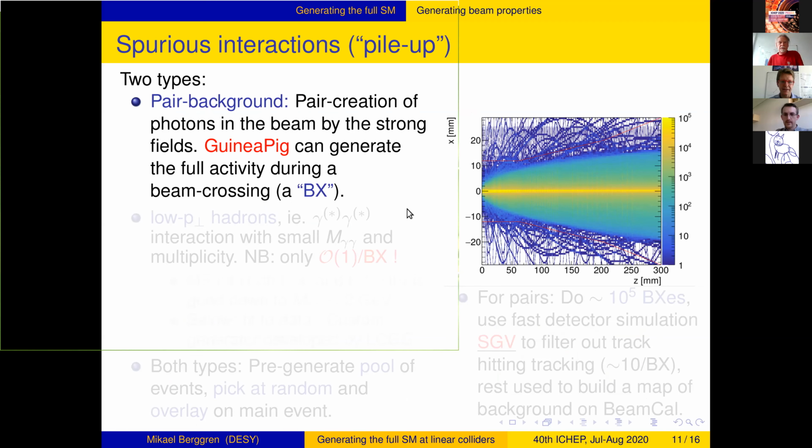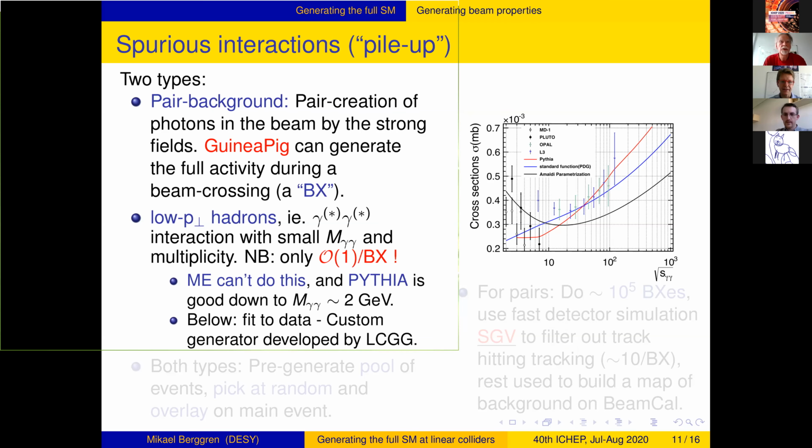We also have soft gamma-gamma events, but you should note that this is only around, on average, one low multiplicity event per bunch crossing, so it's nothing to do with the LHC kind of pileup. At these very low masses the matrix element doesn't really work, so we use Pythia down to 2 GeV of invariant mass, and below this we have developed a custom generator to fit to the data, which is shown here in the plot.